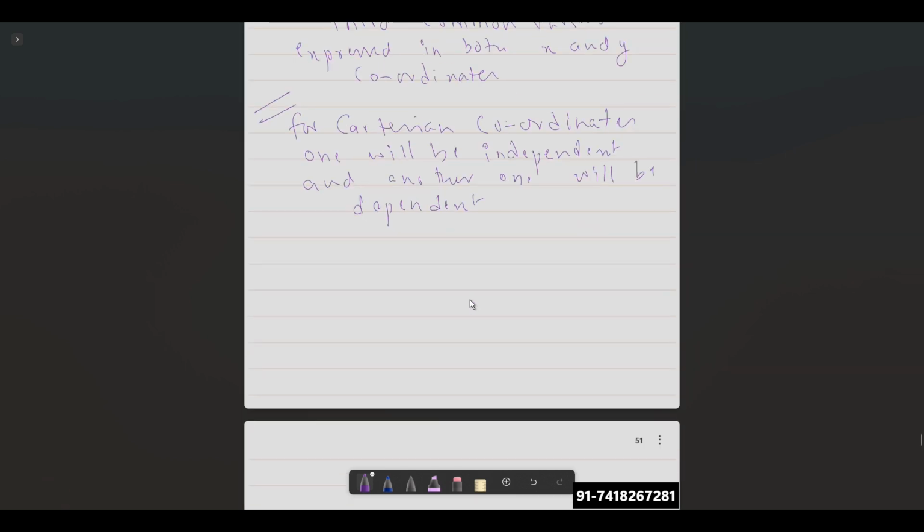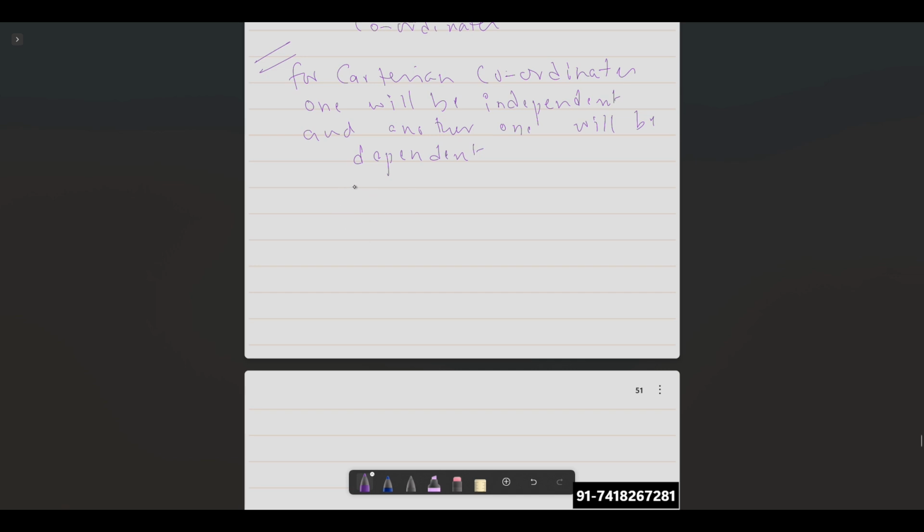For example, say suppose you have y is equal to x function, then you have to make a table like this. For a given x value, what will be the value? For example, if you give 1, this becomes 1, this becomes 2, this becomes 2. So with this you will plot the values.